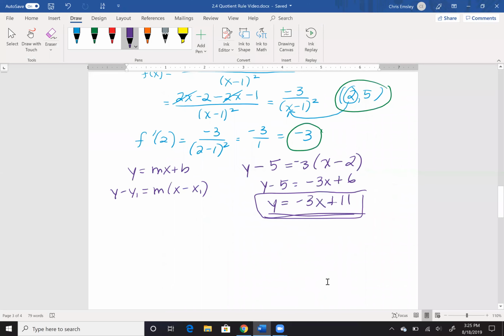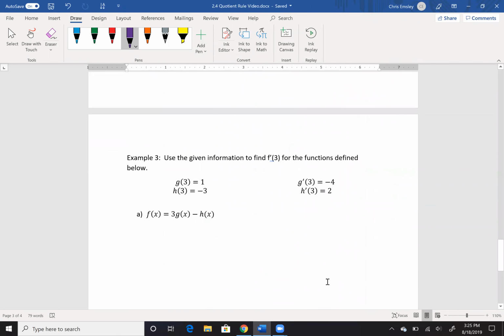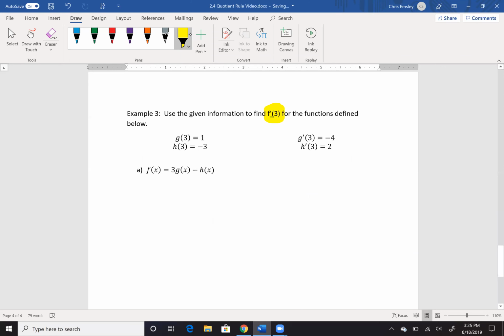Okay, one more example. In this one, we want to use the information they gave us, given below, to find f prime of 3 for the functions defined. Okay, so rather than giving us formulas or equations for these functions like we're used to, we're just going to stay in function notation here and apply our derivative rules that way.